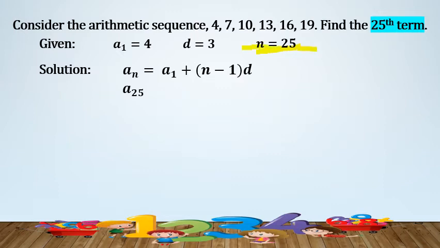A sub 25 equals, ano ang value ng a sub 1? We have 4. Etong given, yan ang isa-substitute sa formula. A sub 1 is 4 plus n is 25 minus 1 times 3, which is the value of d.